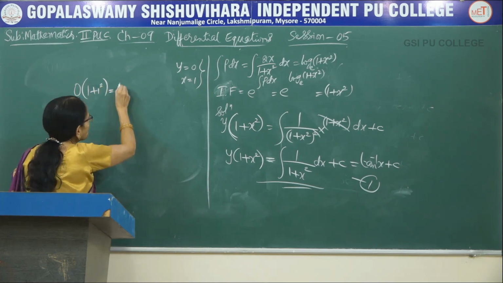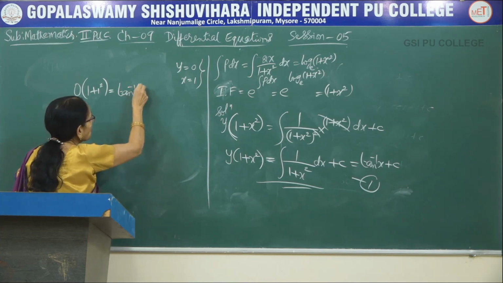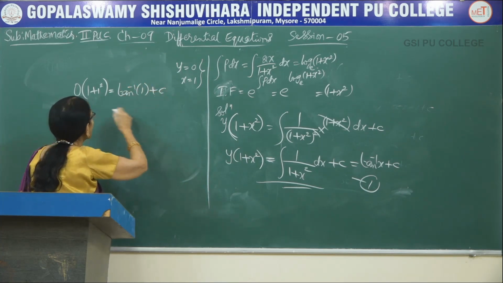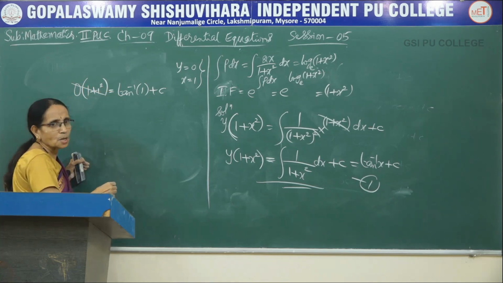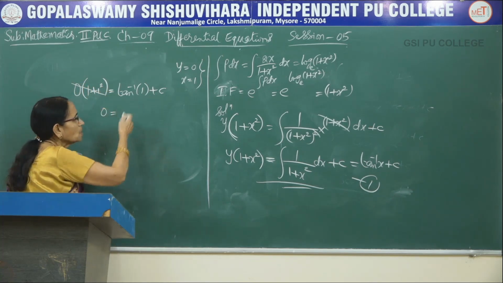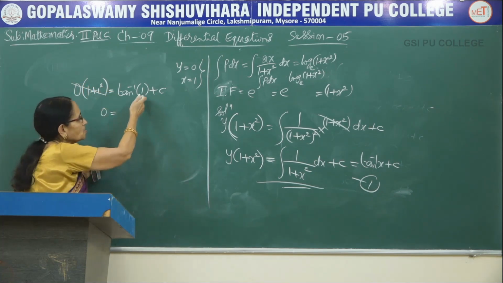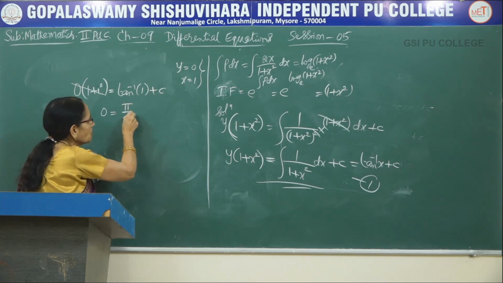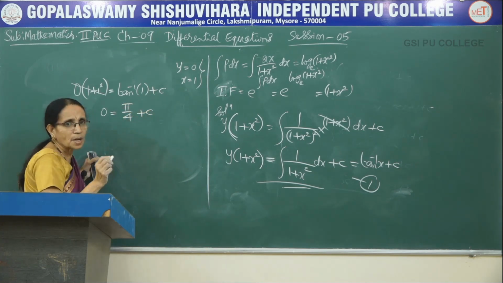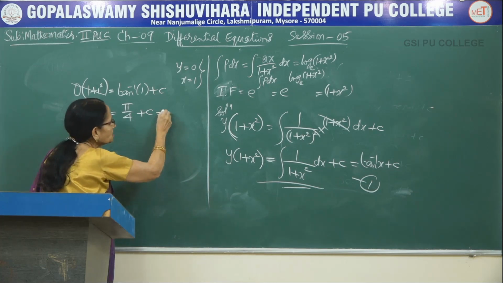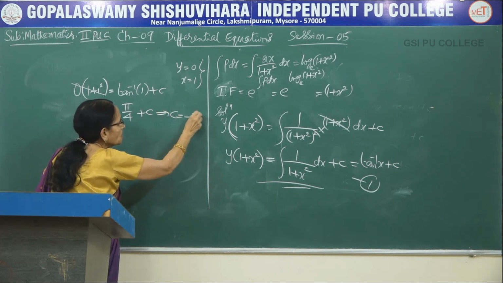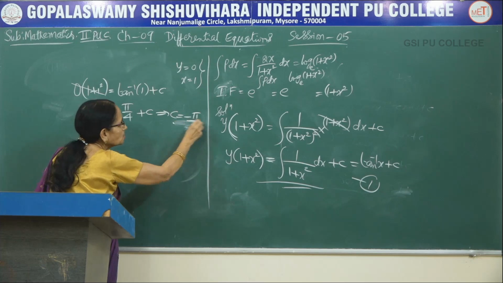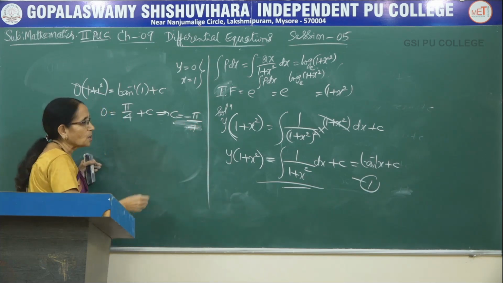Right hand side: tan inverse of 1 plus the constant. Now, 0 into anything is 0. What is tan inverse 1? It is a standard value of the inverse trigonometric function: pi by 4, or 45 degrees, which implies that c is equal to minus pi by 4.